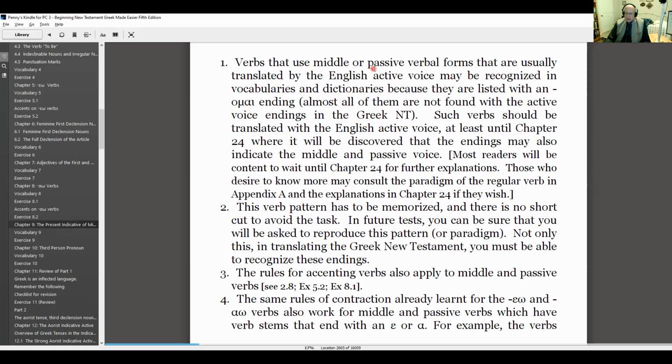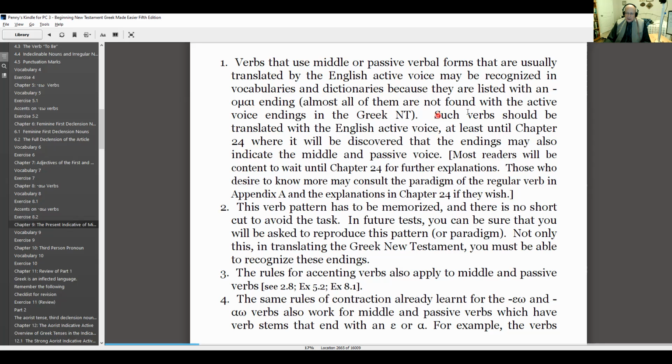Verbs that use middle or passive verbal forms that are usually translated by the English active voice may be recognized in vocabulary lists, like this one we call V9, because it's the vocabulary list in chapter 9, and dictionaries, or lexicons, another word for dictionary, because they're listed with an omai ending.